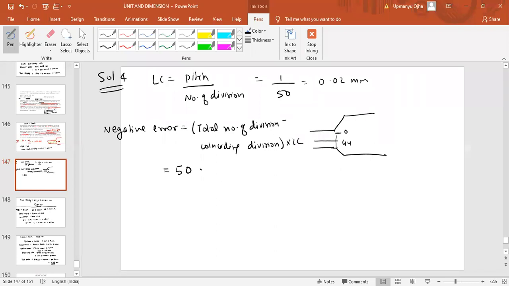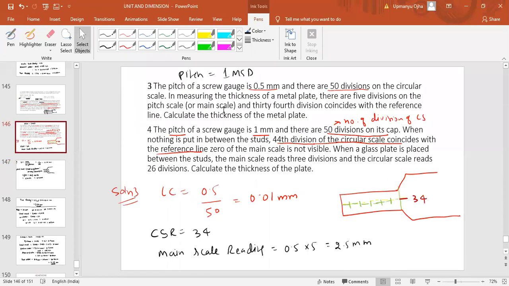Minus coinciding is 44. And what is the least count of this instrument? That is 0.02. So what we are getting is 6 into 0.02 millimeter, which means 0.12 millimeter is the negative error in this instrument. Now, we got this negative error in this case.